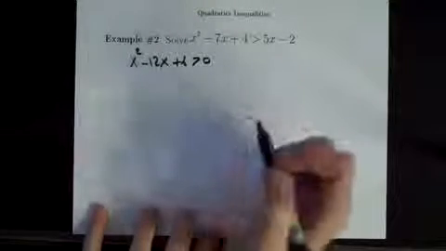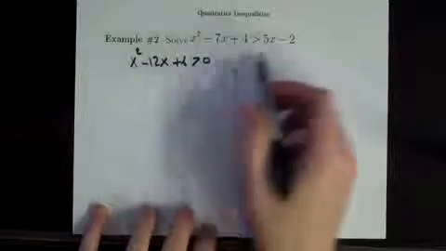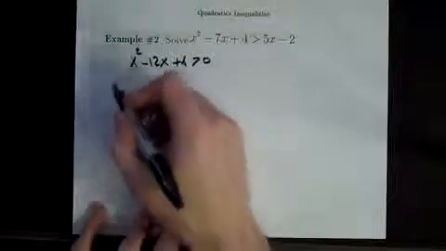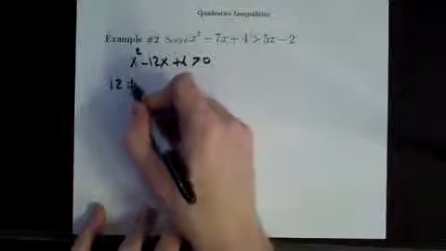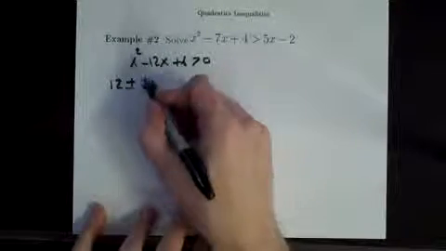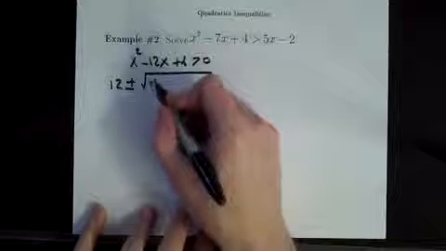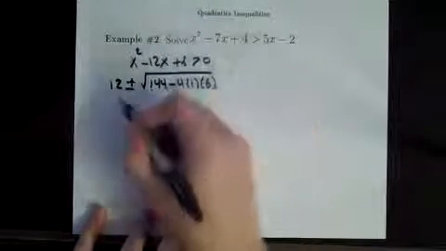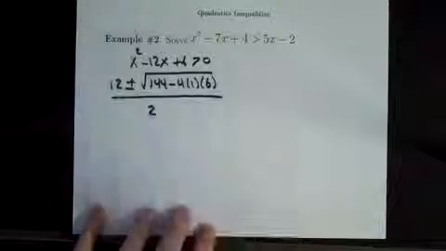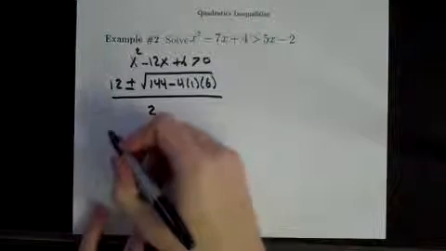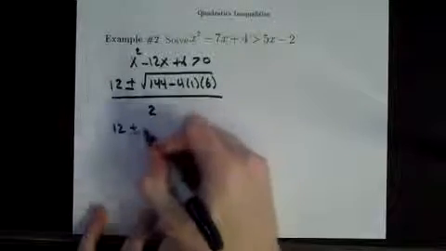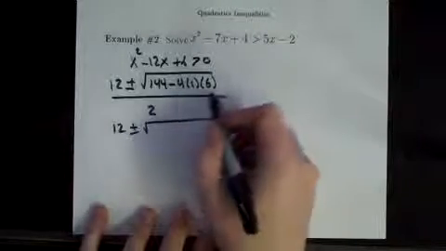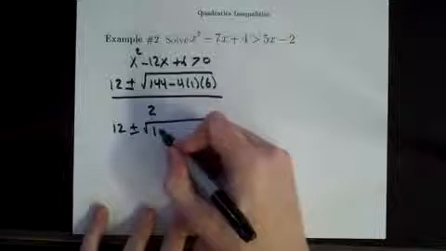So let's do that right now. So 144 minus 24 is 120.